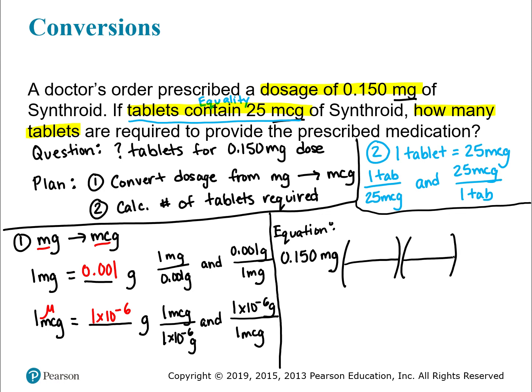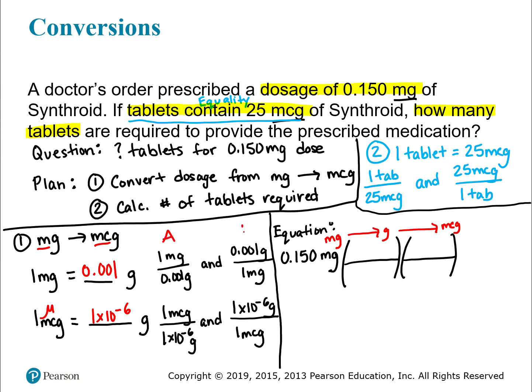To do that, we have to use both of our equalities, and we've got to choose one conversion factor from each of them. We're going to go from milligrams to grams, and then grams to micrograms. So that's our goal here.